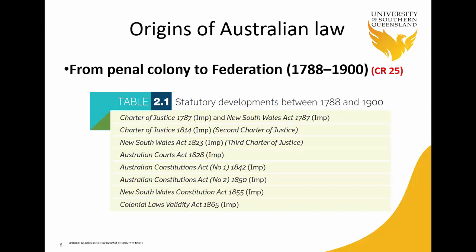So you had to receive or incorporate or adopt the English law, which would then be administered or dispensed by these courts. And these courts that were established by the first Charter of Justice had both criminal and civil jurisdiction.